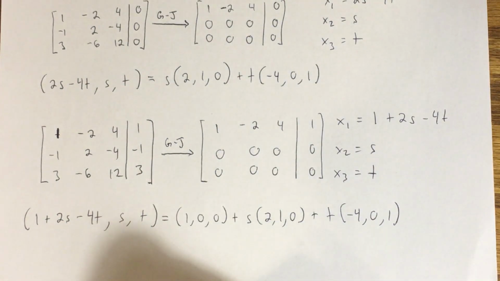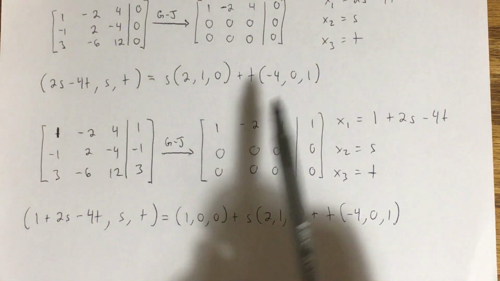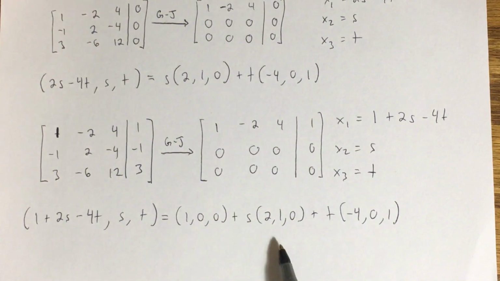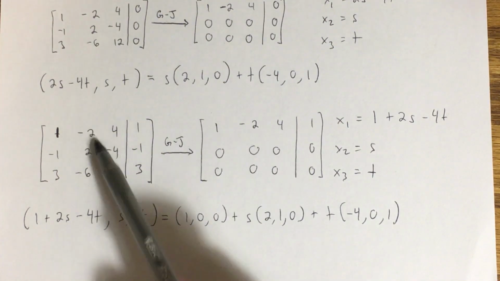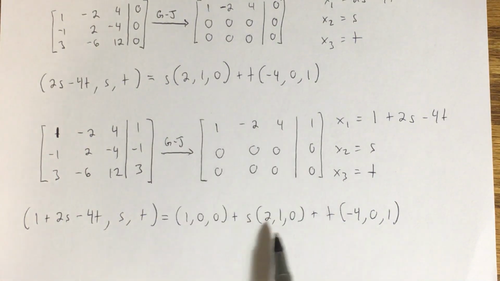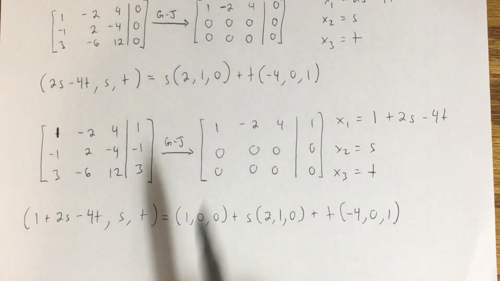Compare these two. What comparison can we make? Well, notice the only difference between the solution set of my homogeneous linear system and the solution set of this more general linear system, both of which have the same coefficient matrix, is this 1, 0, 0. That's the only difference. Both of them involve a linear combination of the exact same two vectors.